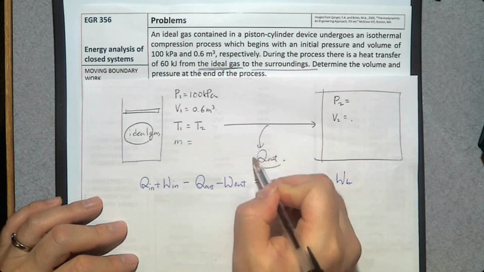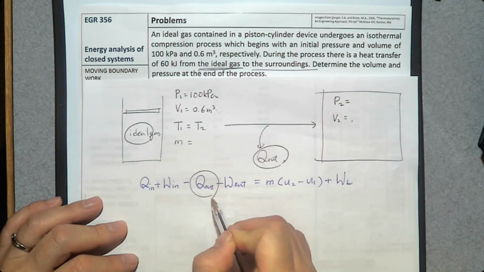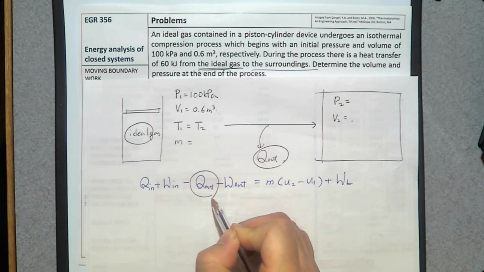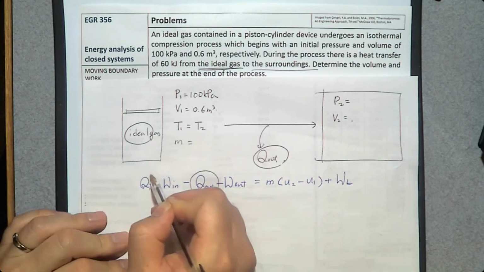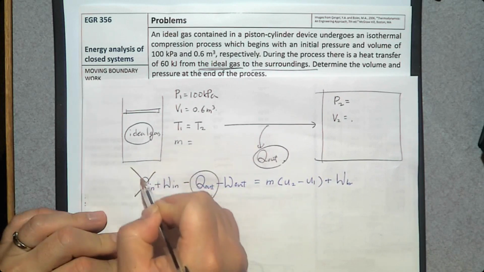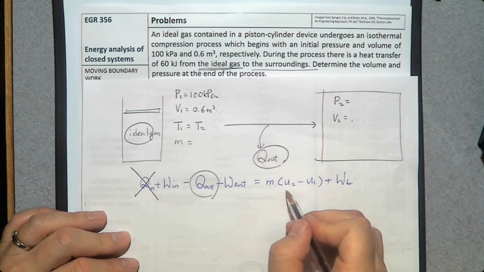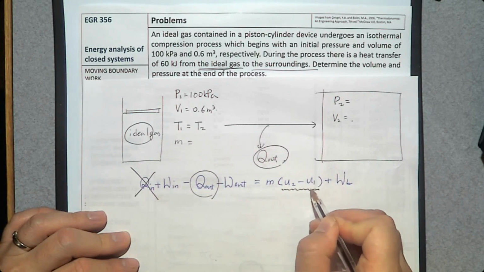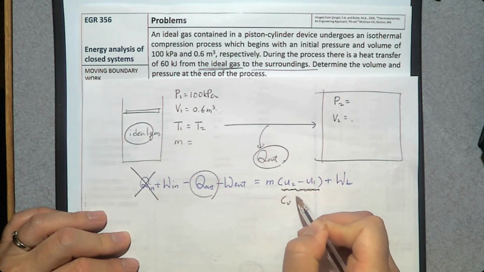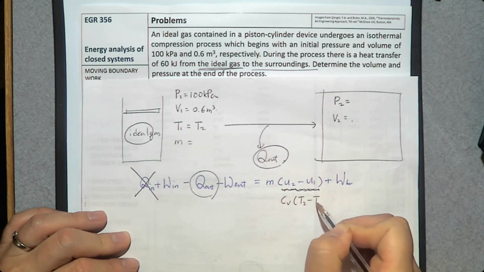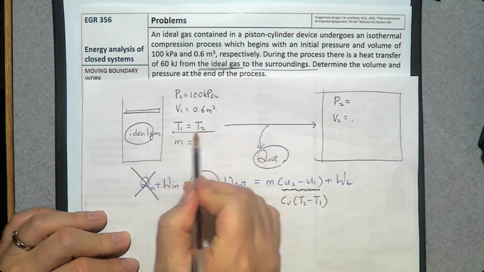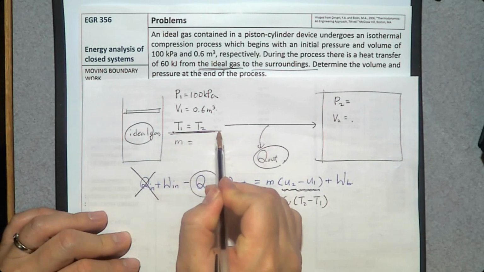And there is Q out, this one. That means the system is at higher temperature than its surroundings, so there is no Q in, not possible. And this U2 minus U1 can be determined by Cv (T2 minus T1), but we know it is an isothermal process.